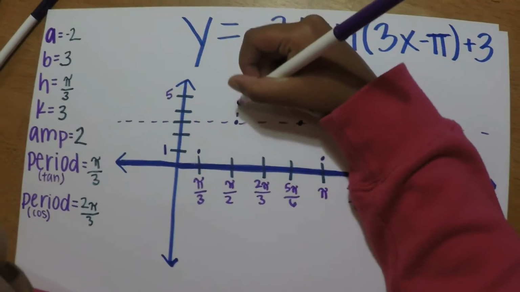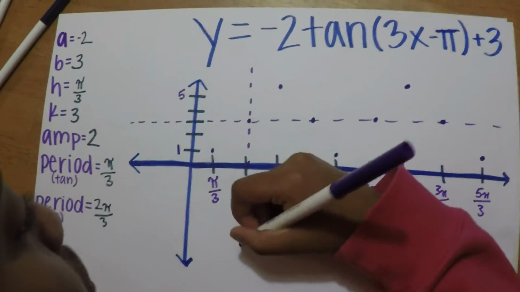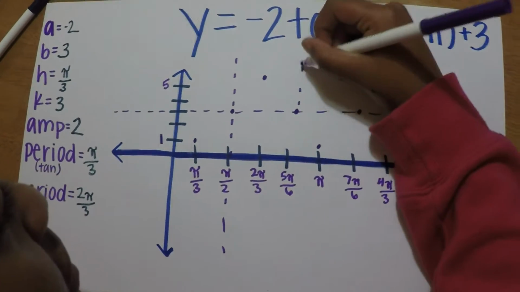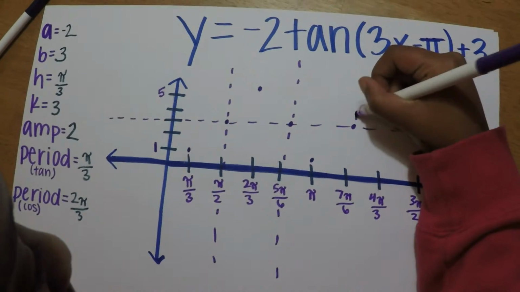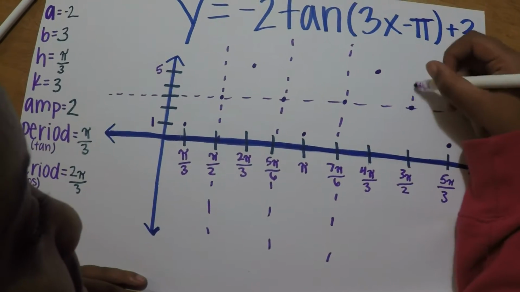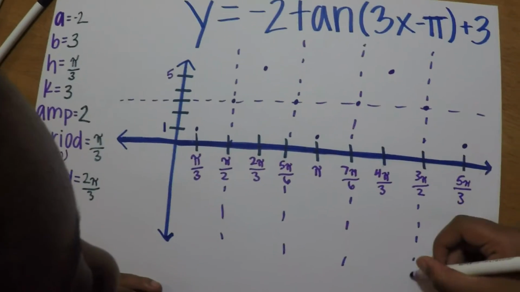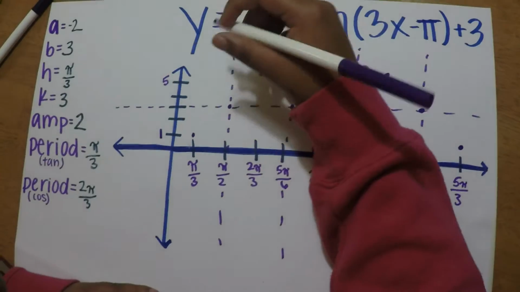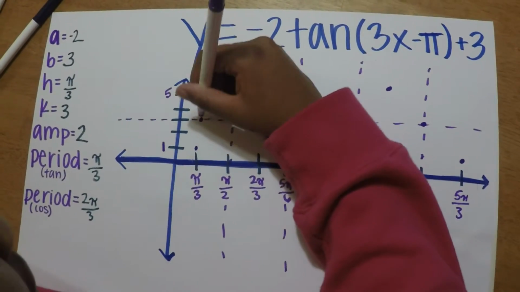Any point that was on the sinusoidal axis now becomes an asymptote for the tangent graph. Any point that wasn't a 0 now becomes a 0 for the tangent graph.